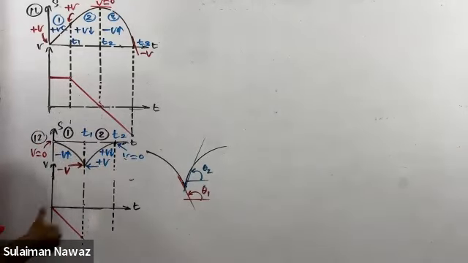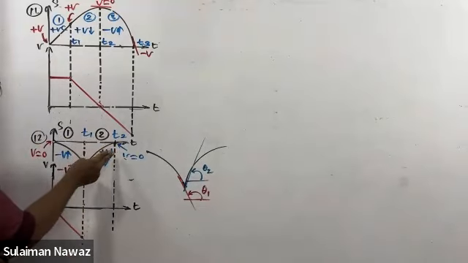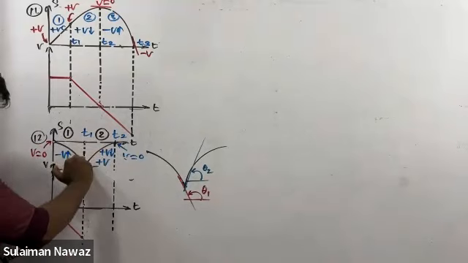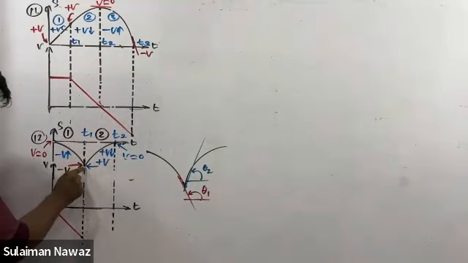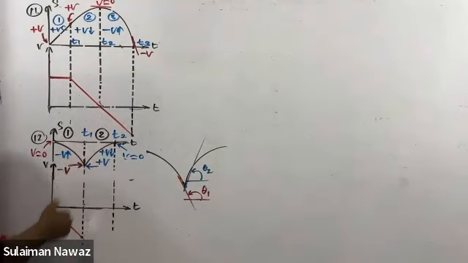Suddenly what happened? If I consider the second graph, the initial point has positive velocity, and positive velocity is decreasing.